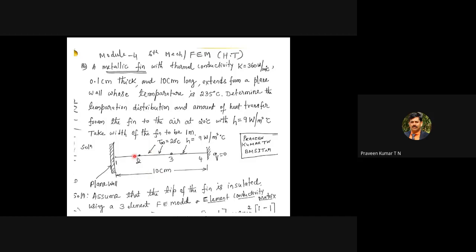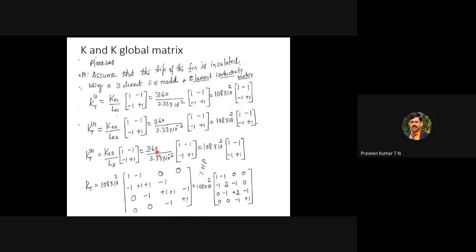The surface area, I think somewhere it is mixed up. The width of the fin is 1 meter, and the area of the fin is given by the length. The length of the element is 0.333 into 10 to the power of minus 2.